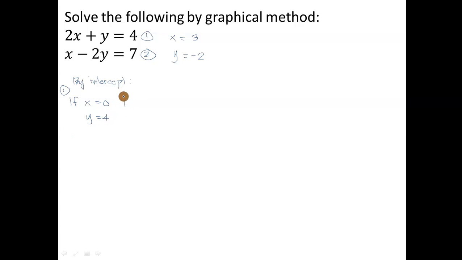If y is equal to 0, x will be equal to 4 divided by 2, that is equal to 2. Okay, the coordinates of this point are 0 and 4, while this one is 2 and 0.